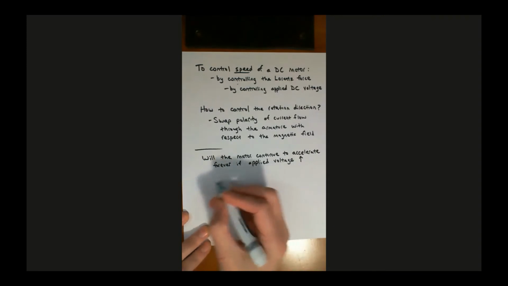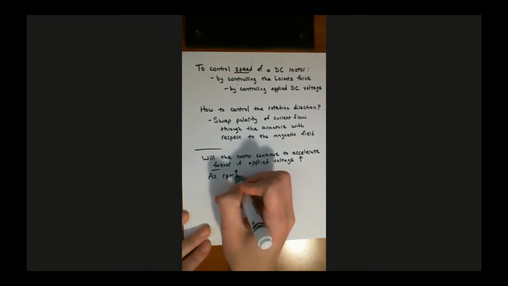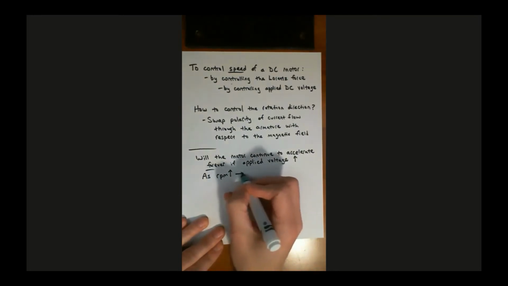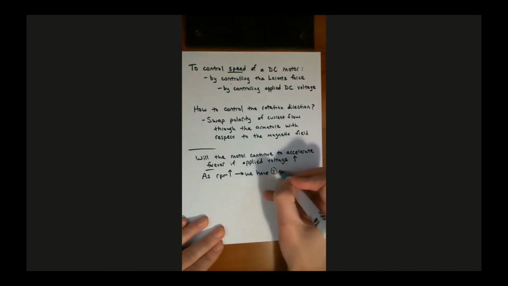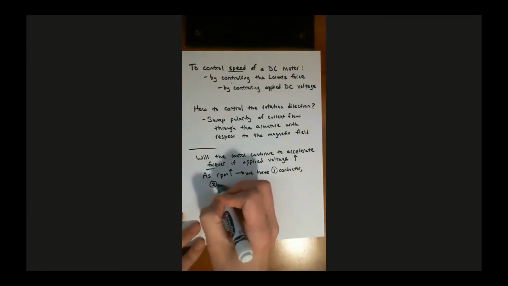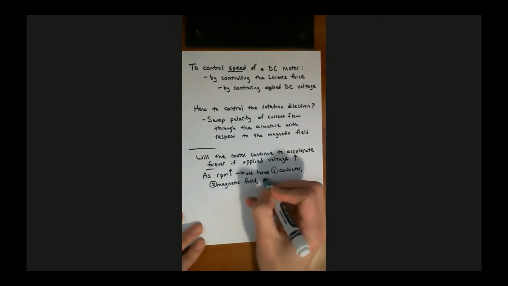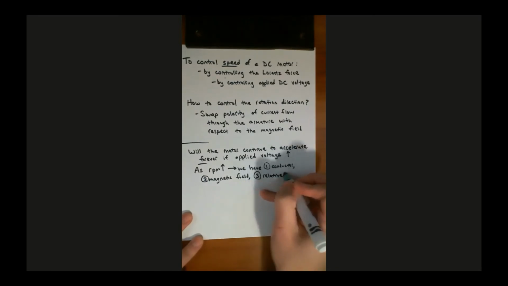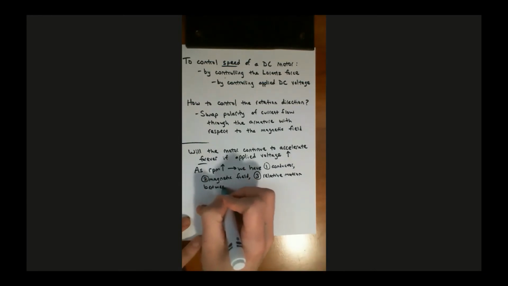As the RPM increases, as the motor starts spinning faster and faster, we have a conductor, we have a magnetic field, and we have relative motion between them.